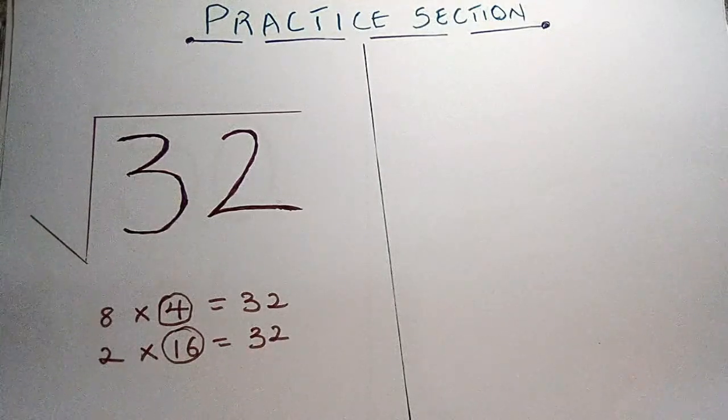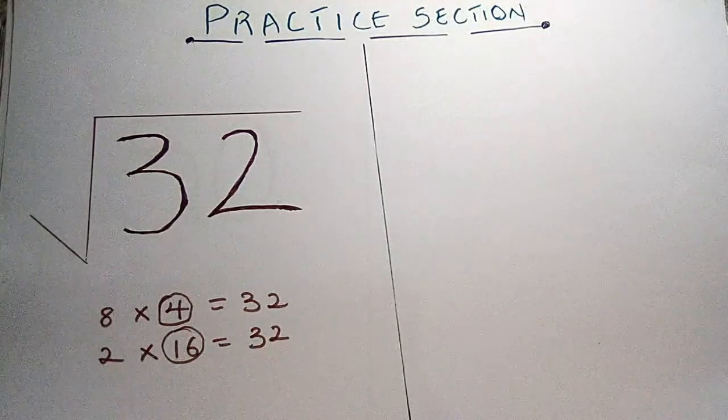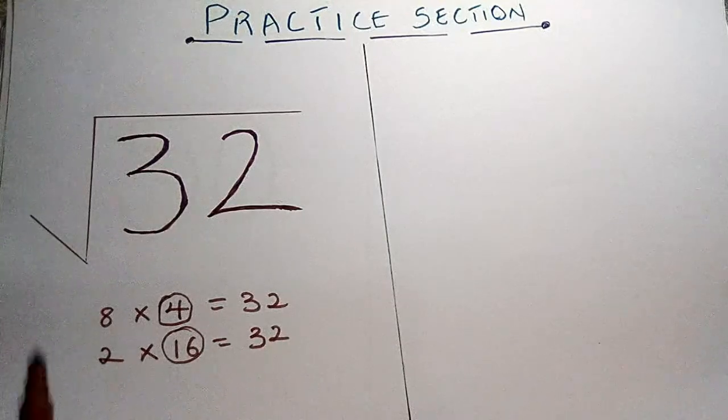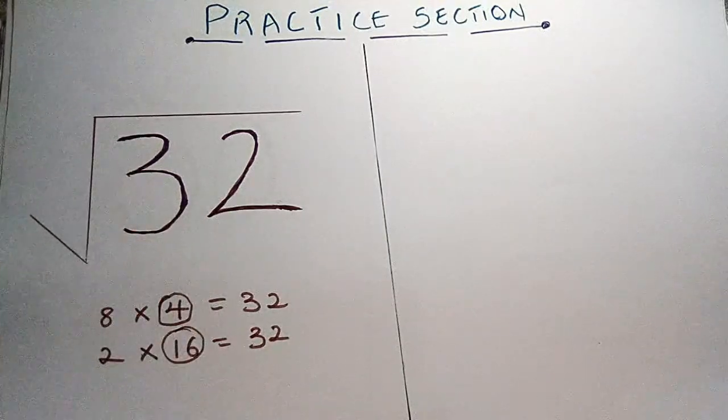So you notice the basic idea is for you to look for a bigger square number multiplied by another number to give you what is inside the surd form you want to simplify. So now that we've gotten 2 times 16 to give you 32, we're going to replace this value with 2 times 16 in its surd form.